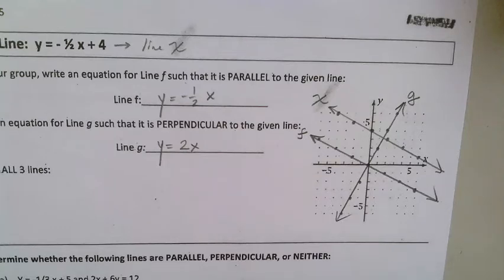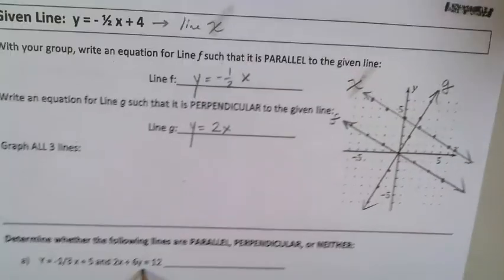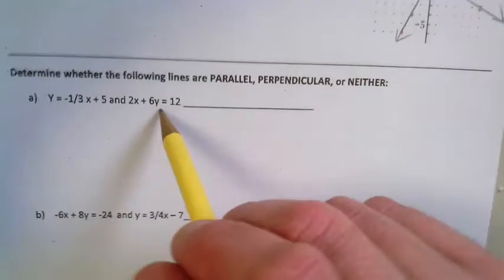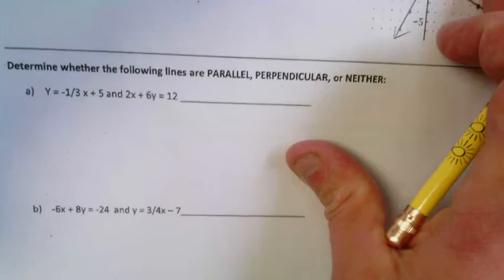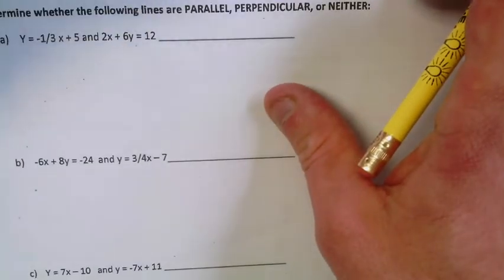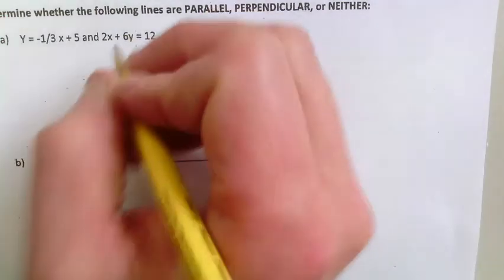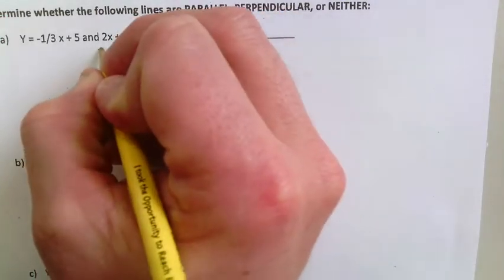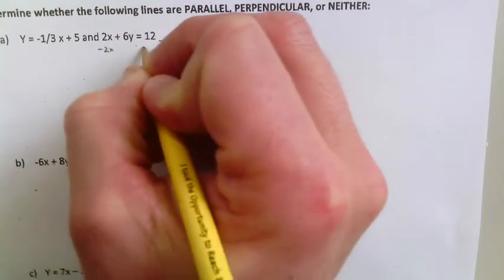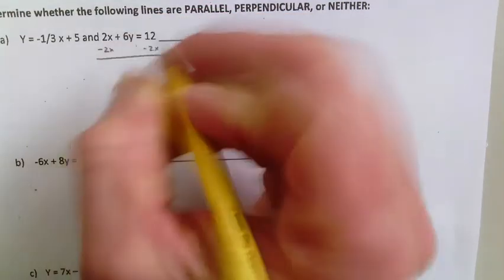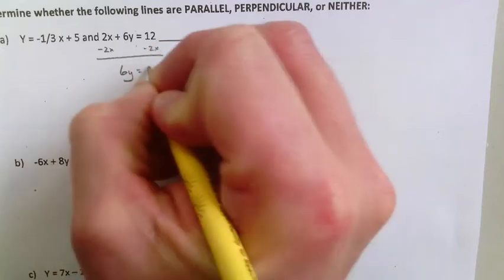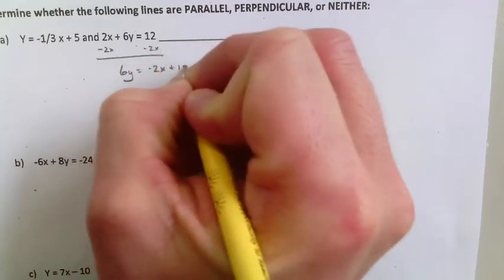However, I think it's a lot easier to go ahead and solve for y so that you know exactly what the slope is going to be. So as I look at this, if I wanted to solve for y, what's the first thing I should do? Well, I want to subtract 2x from both sides. So if I do that, 6y equals negative 2x plus 12.